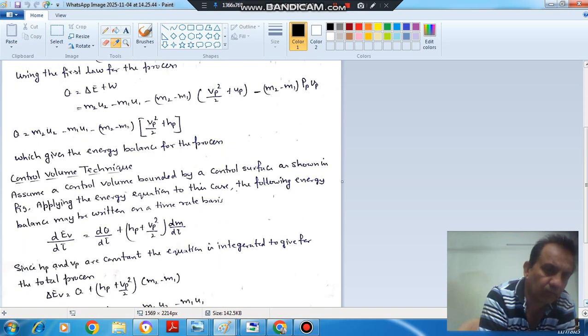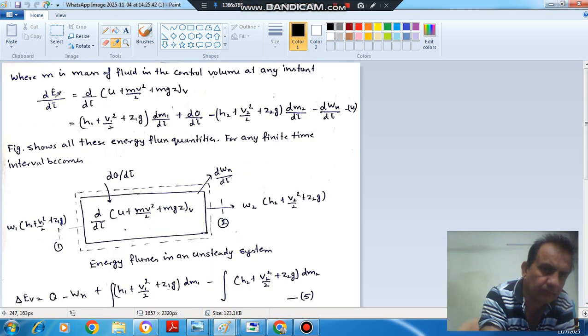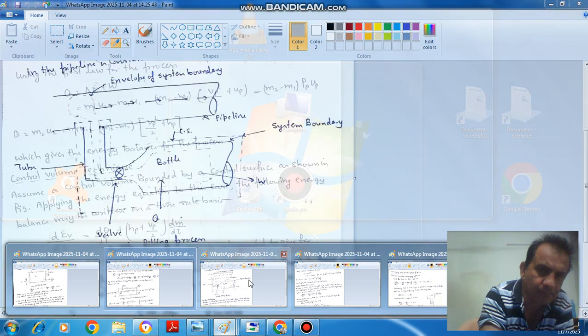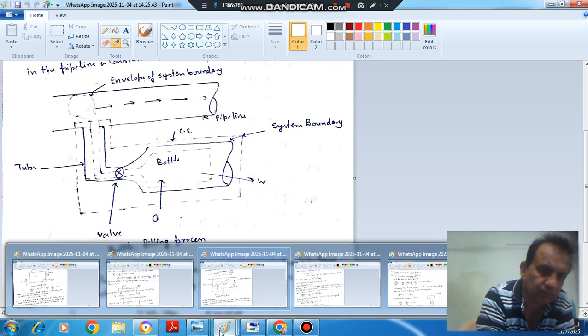Now by the control volume technique, we have derived the relationship dEv by d tau equals inlet energy plus heat supply minus outlet energy minus work done. If we take this control volume, there is no displacement of the volume, so there is no work done.